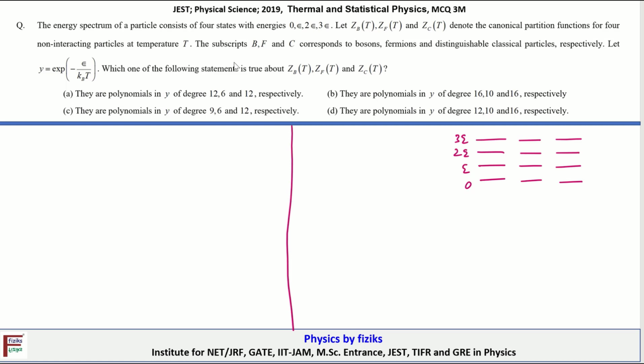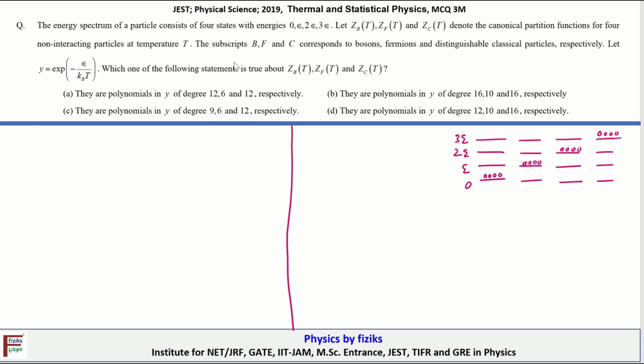If all the particles are lying in the ground state, that's the first case, and they could also lie in the first or second excited state. Because they are bosons, all of them can stay together in one energy state. Similarly there are a large number of additional possibilities, where you can imagine one particle in one energy state and distribute the others in different kinds of distributions. So you can put 1, 2, 3 or 4 particles in a single energy state, which will give rise to a large number of terms.